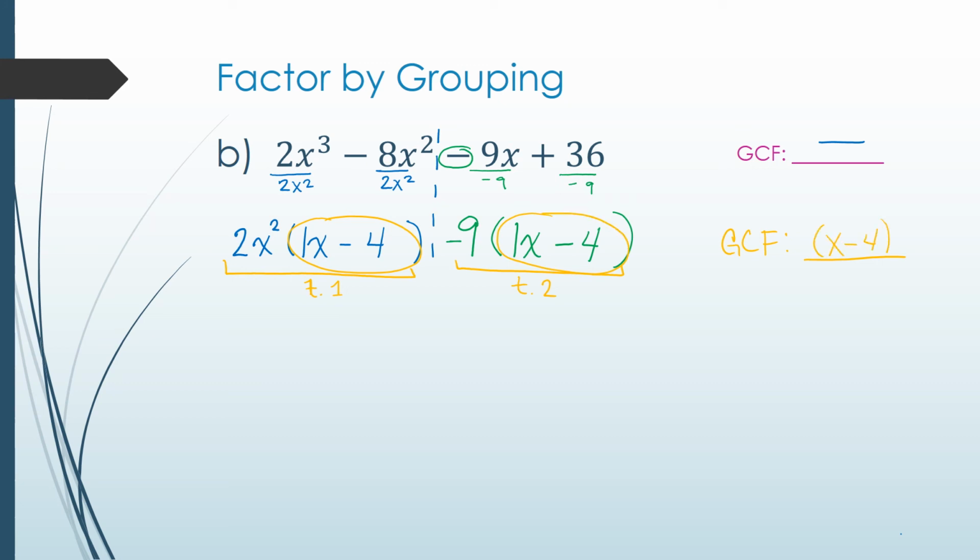So that means we do have a GCF, or a common factor. And since it appears in both terms, we have the ability to factor it out of both terms. If I factor or undistribute it out of the problem, that is going to leave me with 2x squared from my first term and a negative 9 from my second term. And that is how we would do factoring by grouping for this example.